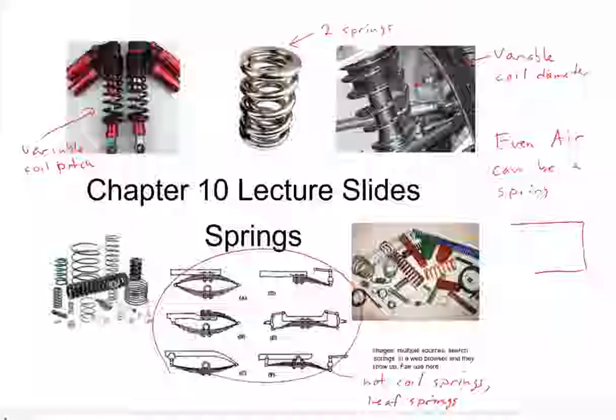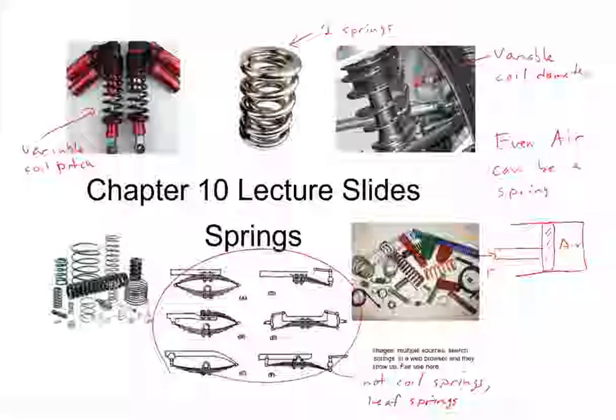If you have a pneumatic cylinder and a piston in here that's nicely sealed up, and you have a rod and you push on it with some force and you have trapped air, the air will indeed act like a spring in this case. So, like I said, just about everything except for the vacuum of space is a spring, including gases.